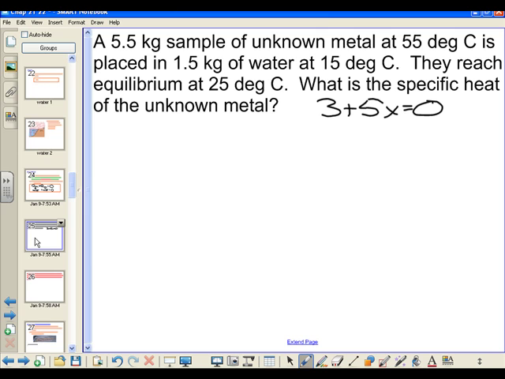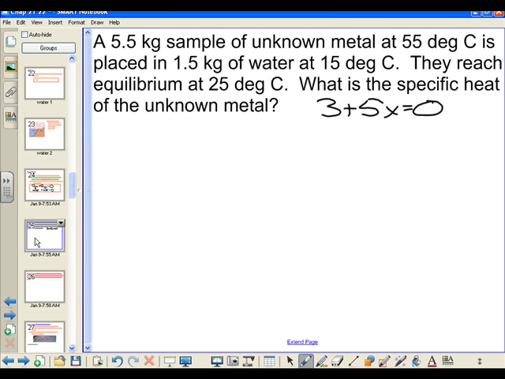Have you done 3 plus 5x equals 0? Now, granted, our numbers are going to be like 80,000 plus 300x equals 0. But still, it's just 3 plus 5x equals 0. So don't let it freak you out.